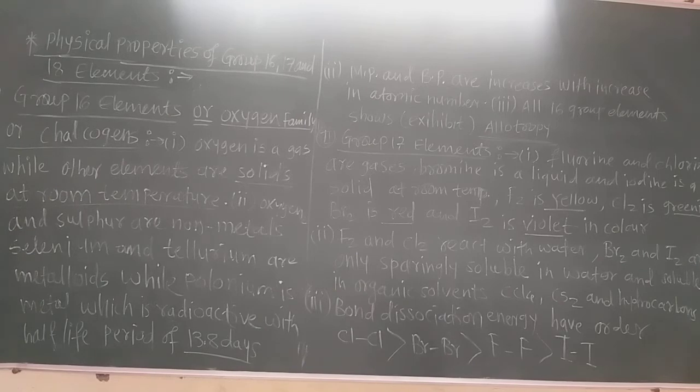The melting and boiling points of all these group 16 elements increase from top to bottom in the group due to the increase in the atomic number and atomic mass. And all the group 16 elements show especially allotropy. That means there are different physical forms of these group 16 elements.